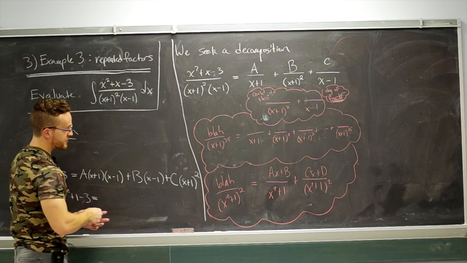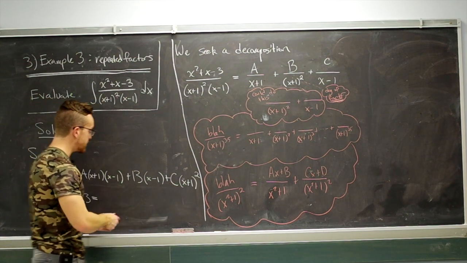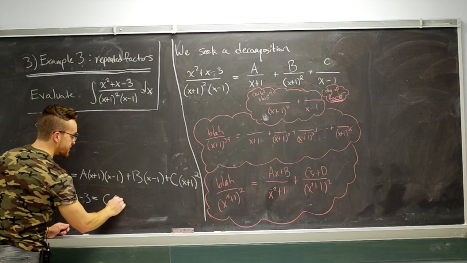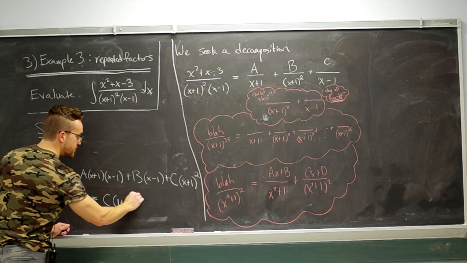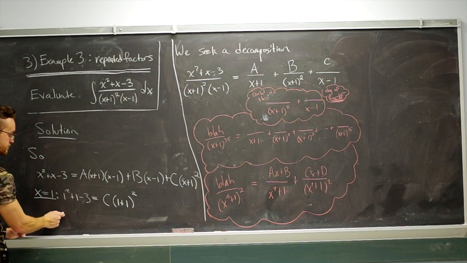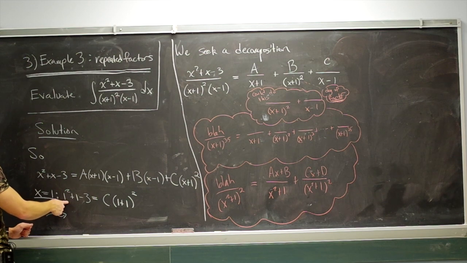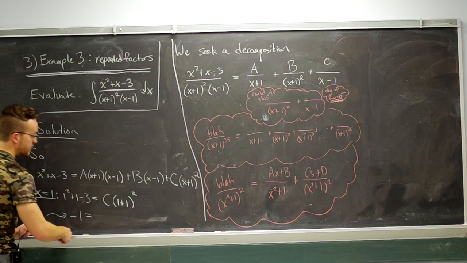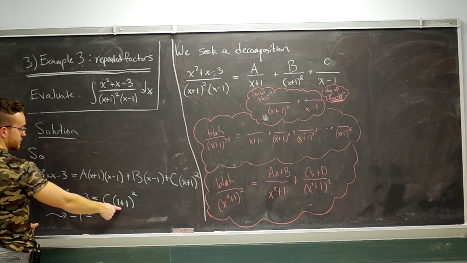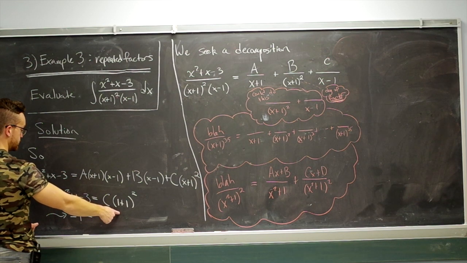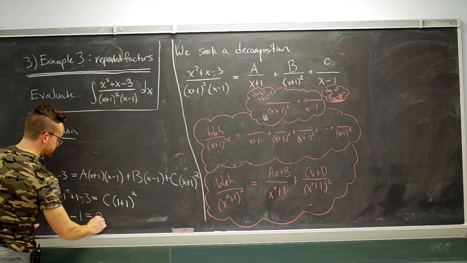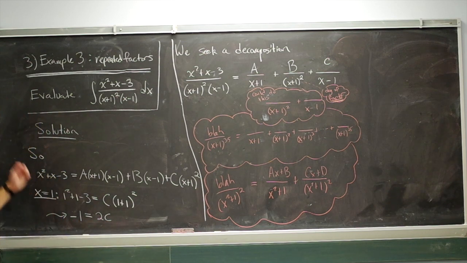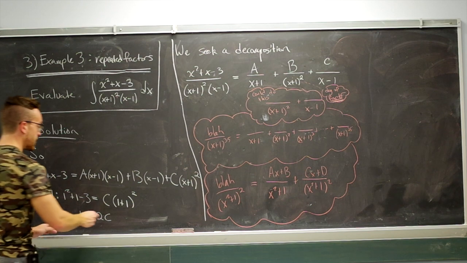This whole term is 0, so the only thing that we're left with is c times 1 plus 1 squared. Then after some simplification, 2 minus 3 is negative 1 equals 2c. So it looks like c is negative 1/2.